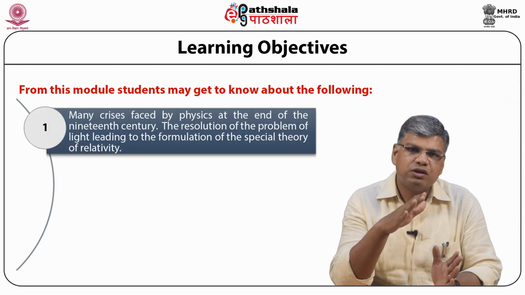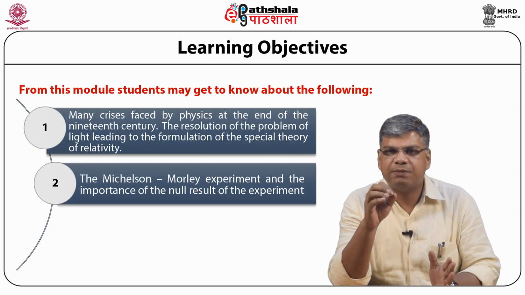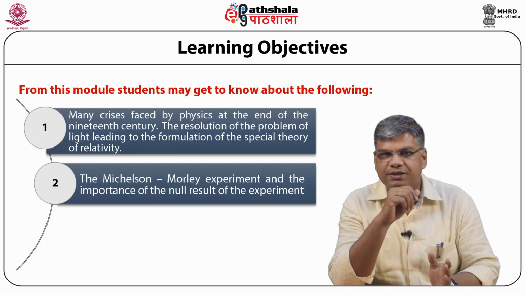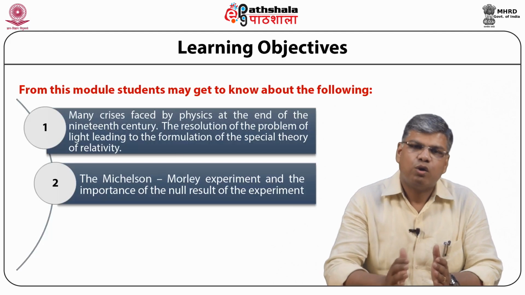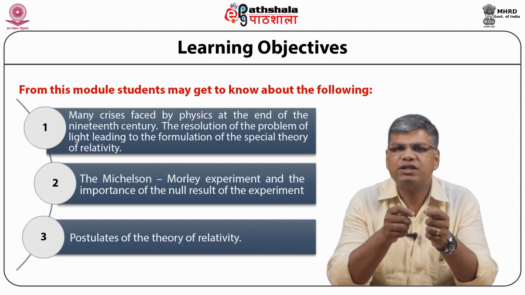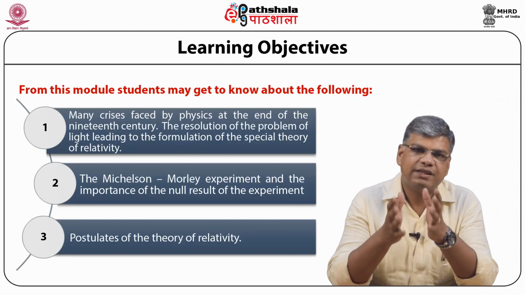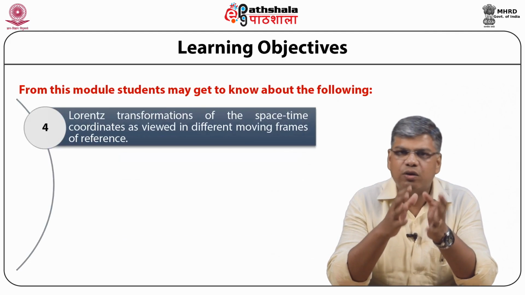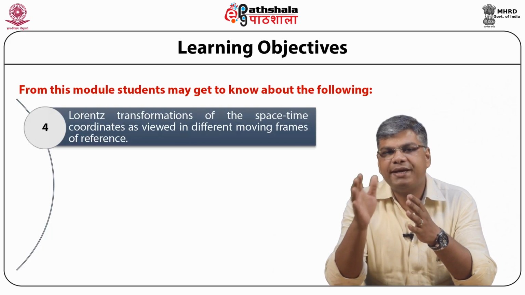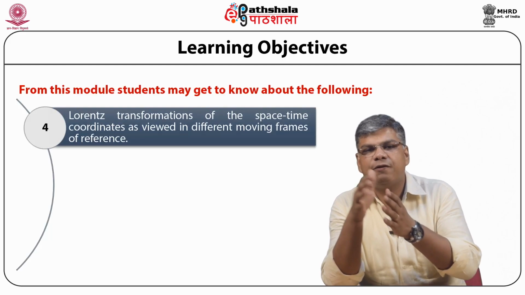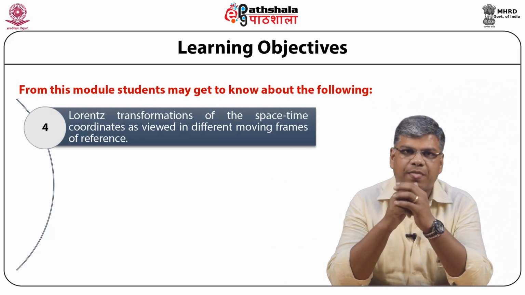Then, you will also learn about the Michelson-Morley experiment and the importance of the null result of this experiment. Then, we will discuss the postulates of the special theory of relativity. We will then go on to discuss the Lorentz transformations of the space-time coordinates as viewed in different moving frames of reference.